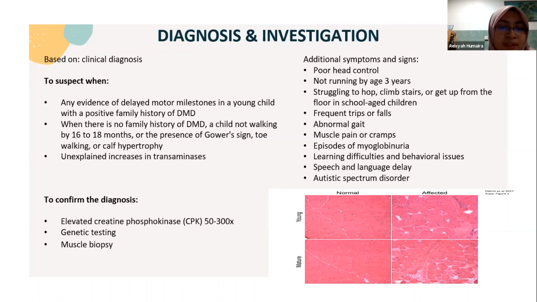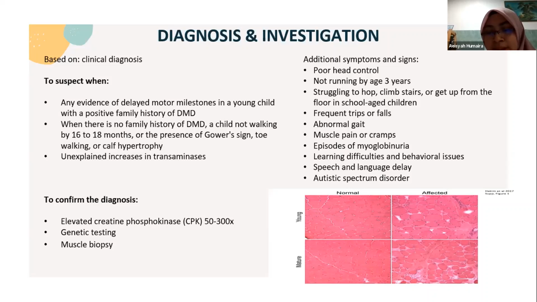If the creatine phosphokinase is elevated, we need to do genetic testing to confirm it. Sometimes it can be hard to detect, so we need to do a muscle biopsy by taking a small piece of the muscle for examination under a microscope.